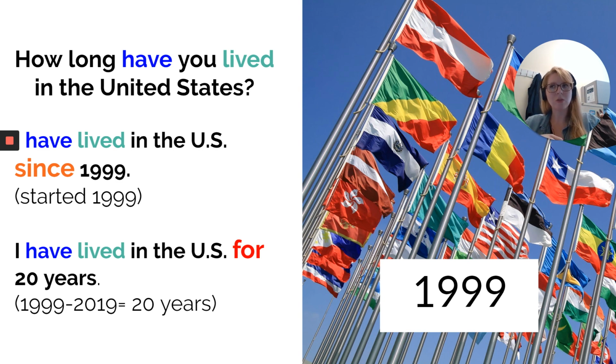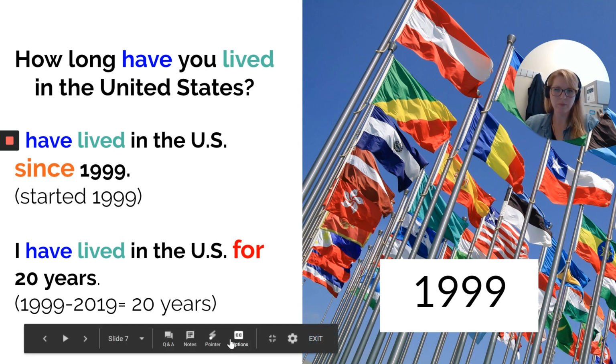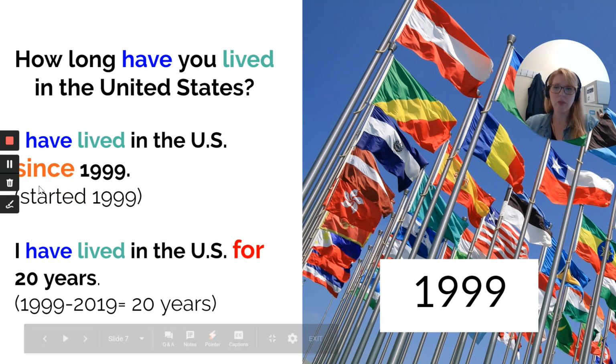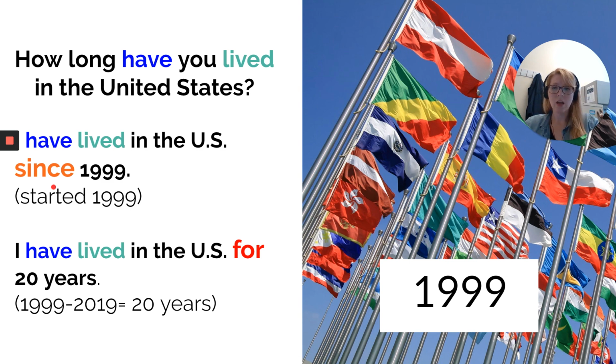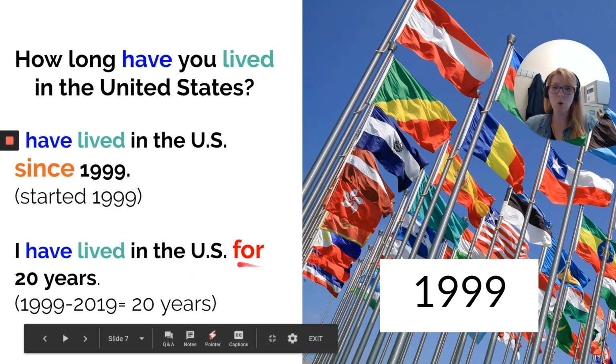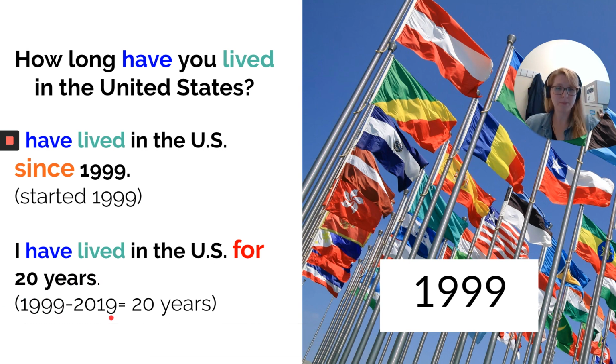So again, we use since with the start, and we use for with how much or how many. So for 2 days, 4 months, for 6 years, for a long time, how much, how many.